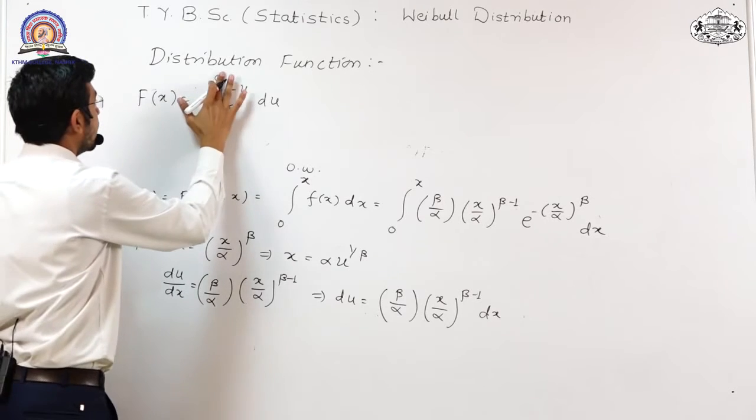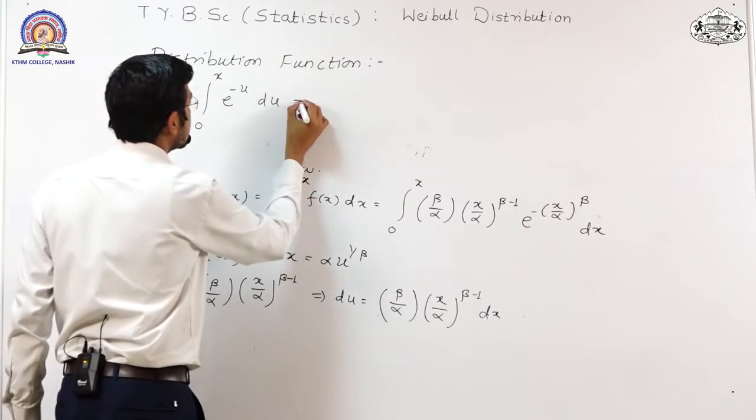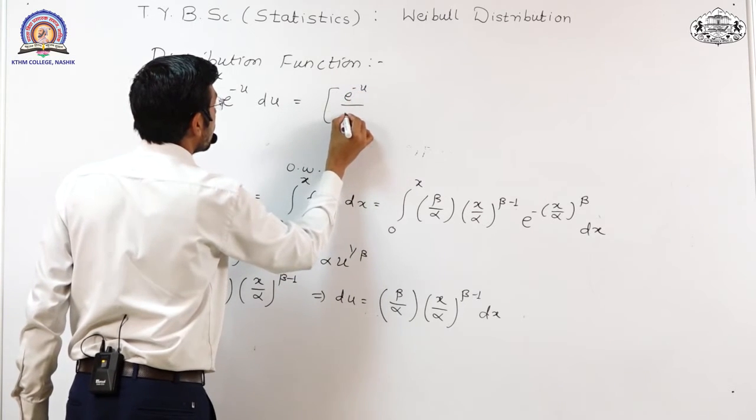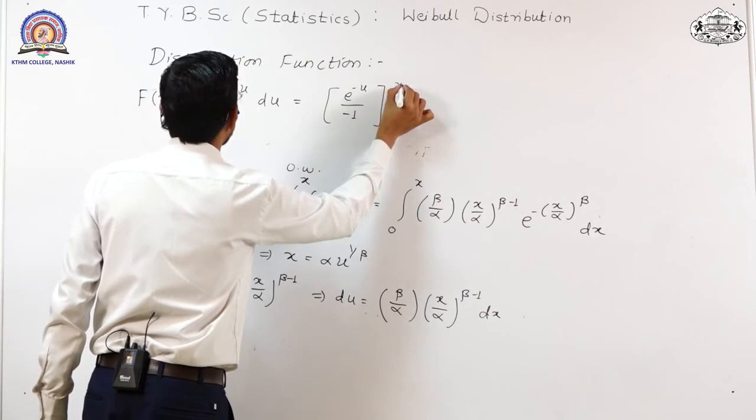Sorry, this integration is up to x. So this integration is e raised to minus u upon minus 1 from 0 to x.